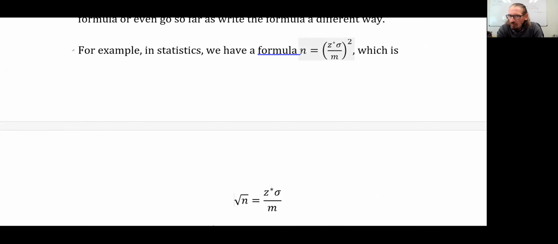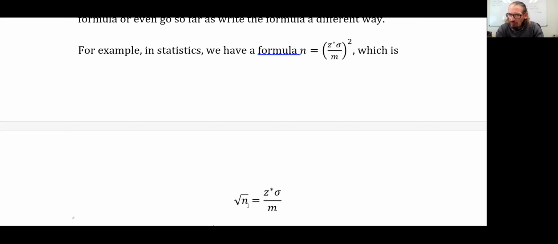We could use the definition of a square root that was given at the beginning of this lesson to rewrite that this way. So notice how that gets rid of the squaring on the right-hand side.